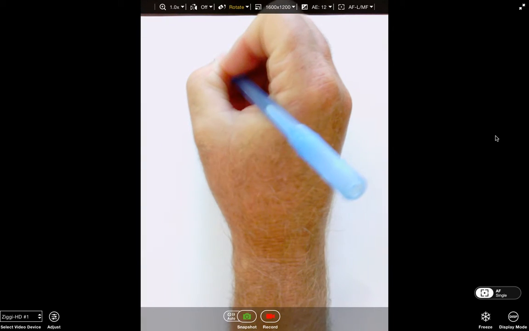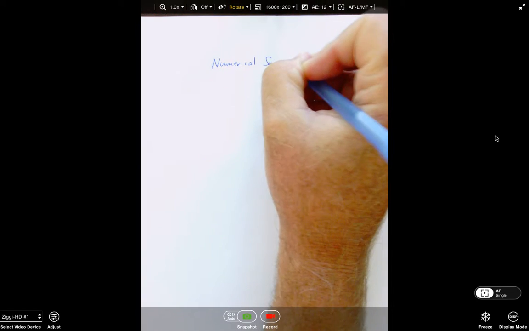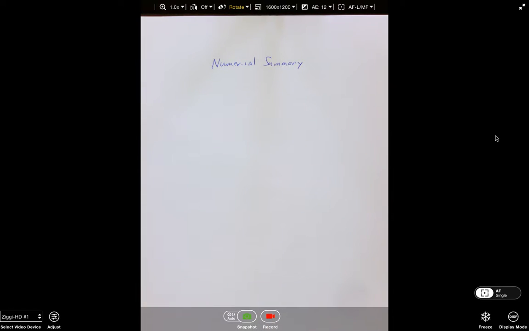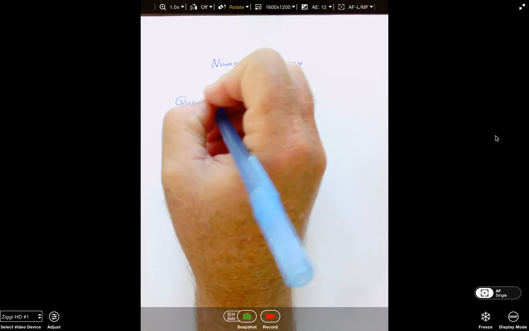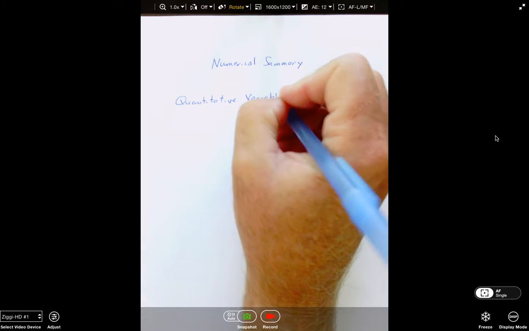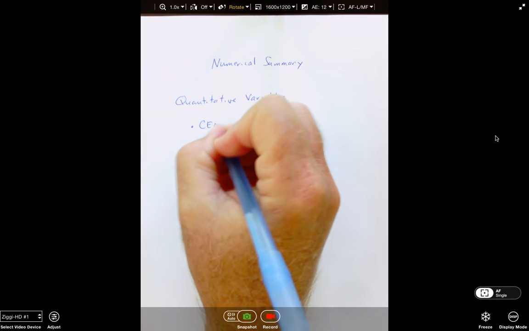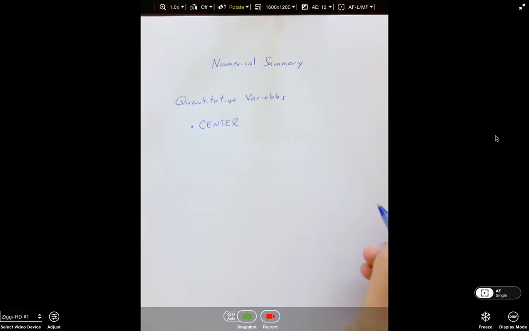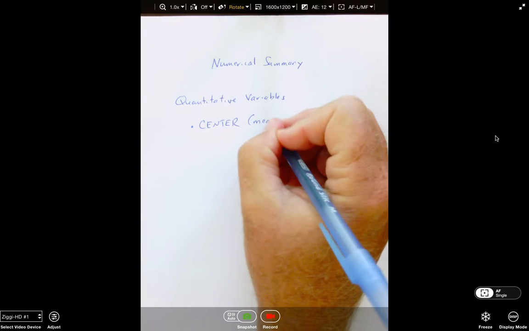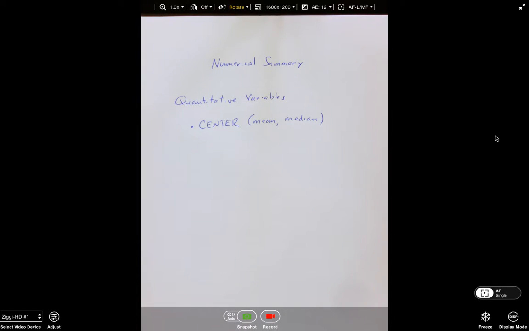So guys, it's important enough to talk about the numerical summary when we have quantitative data. We need to be able to make what's called a center statement, and we can do that by looking at the mean or the median.